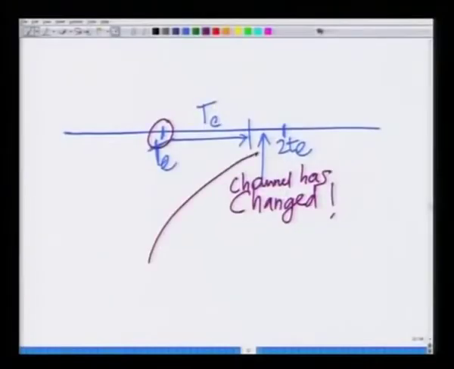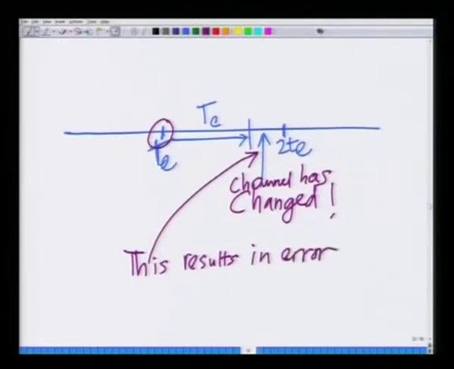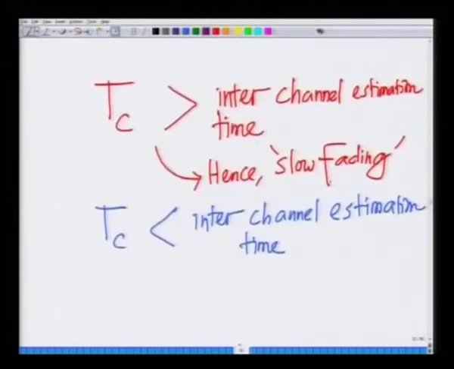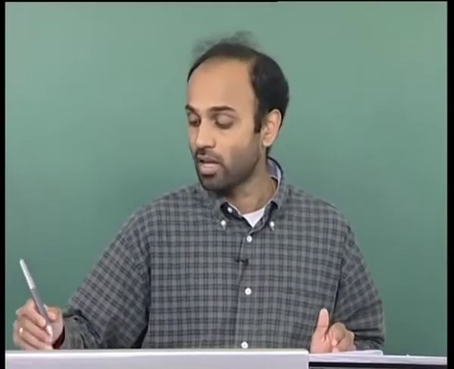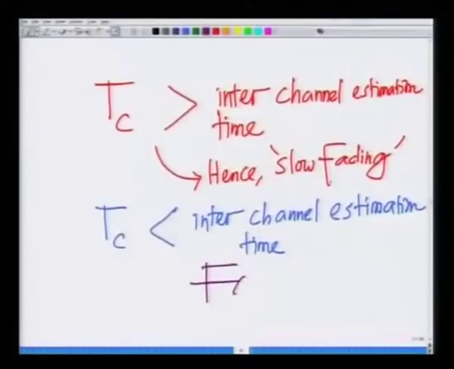Hence, this results in errors at the receiver. Going back to the previous slide, if the coherence time is less than the interchannel estimation time, then my channel is fast fading.